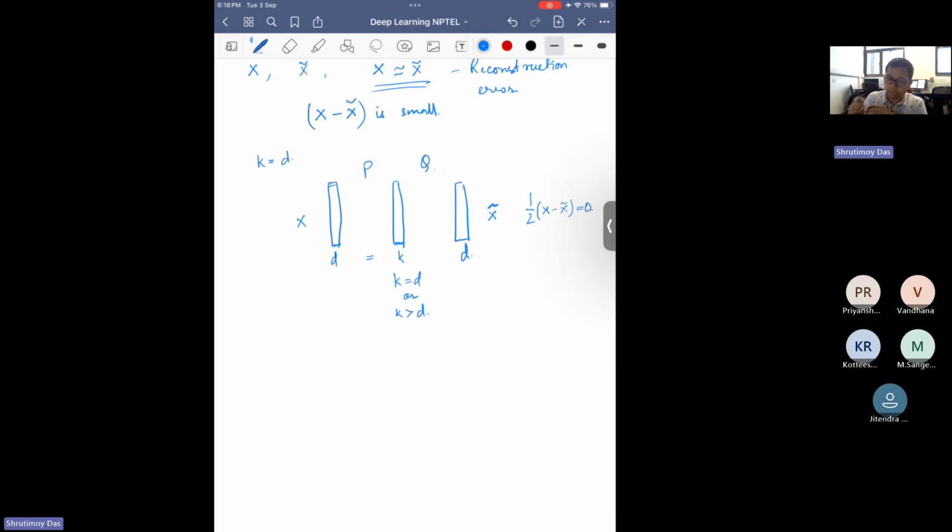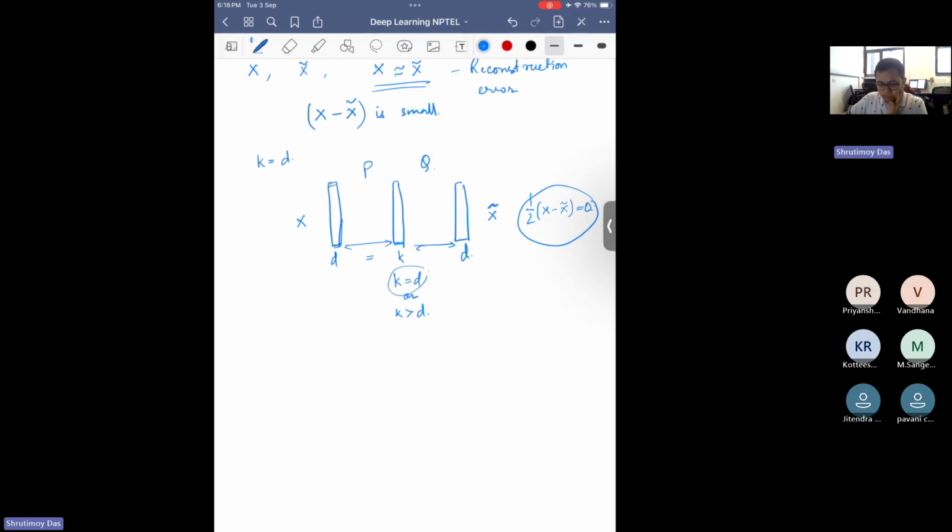If we are not using any non-linearity, and I transform this d-dimensional point to another d-dimensional space, and again take it back to a d-dimensional space, what is the best case that can happen? Ideally we want 0. Can we get back the same matrix if we are using a linear encoder here?